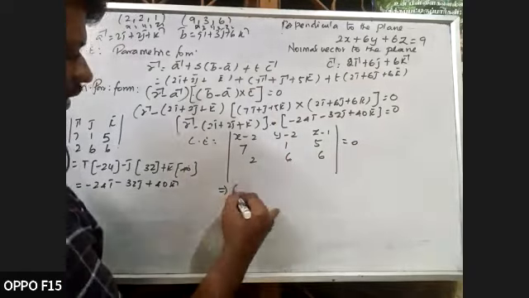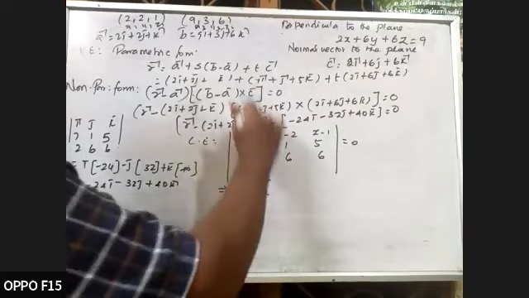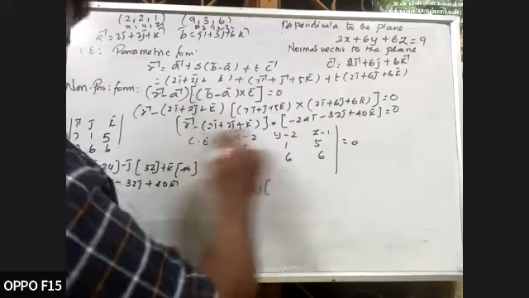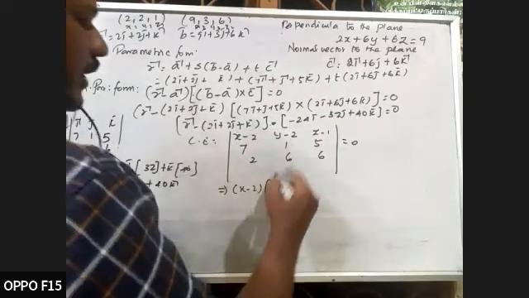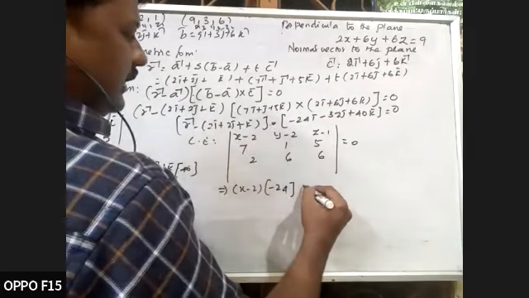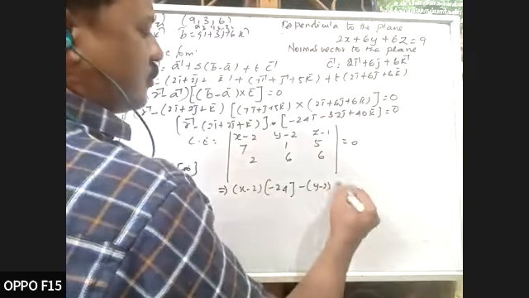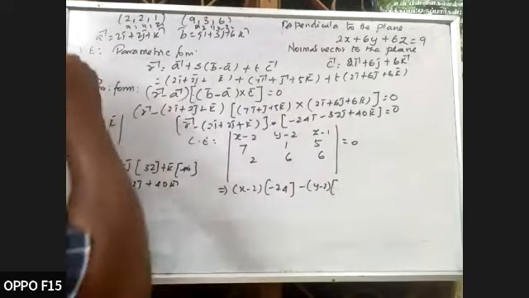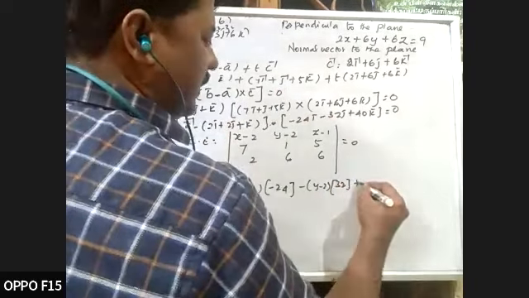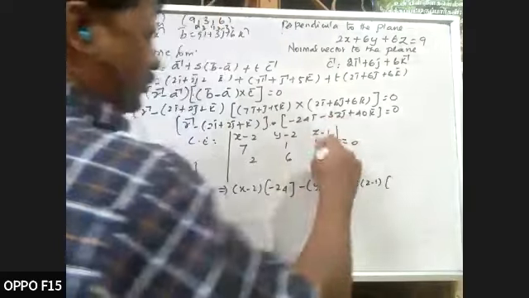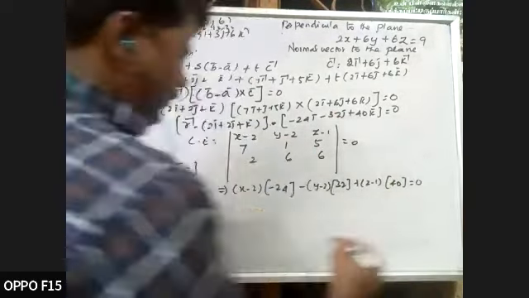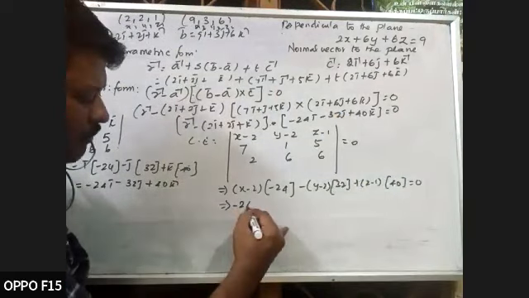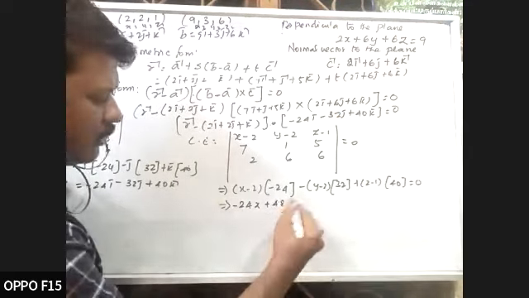This implies x minus 2 into (6 minus 30), which is minus 24, minus (y minus 2) into (42 minus 10), which is 32, plus (z minus 1) into (42 minus 2), which is 40, equals 0. Therefore we have minus 24x plus 48.